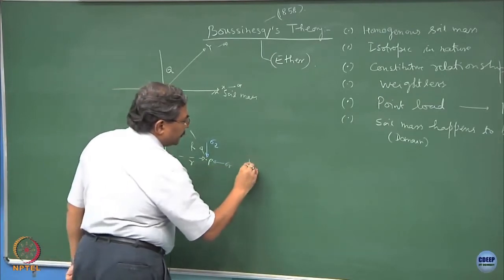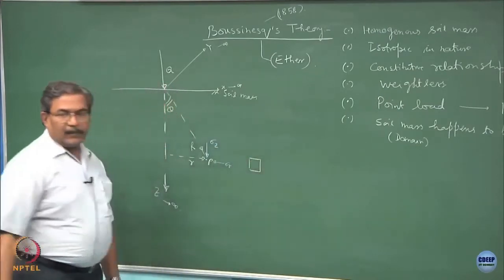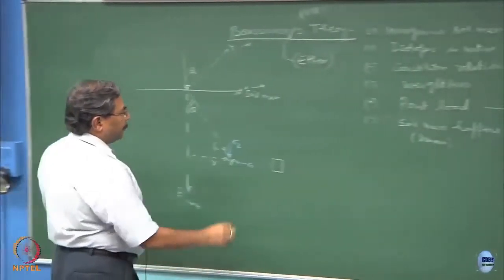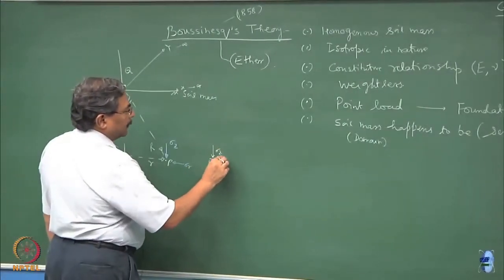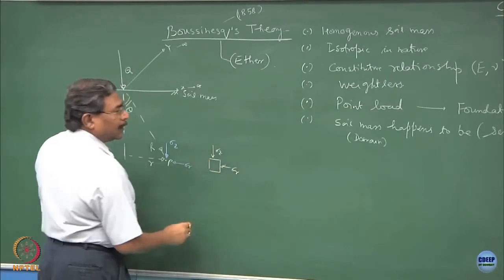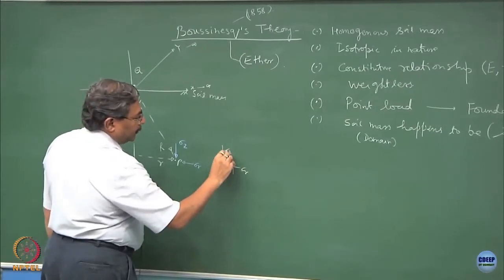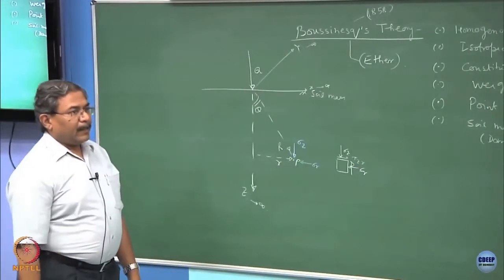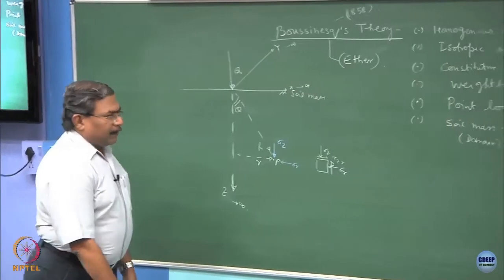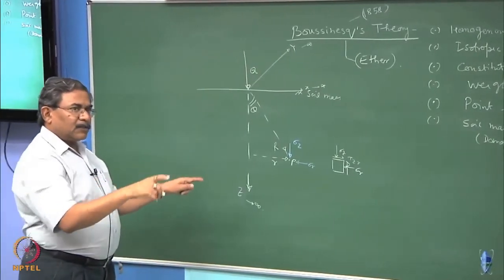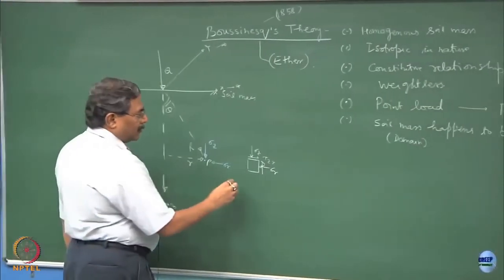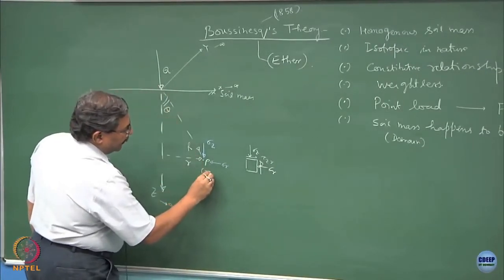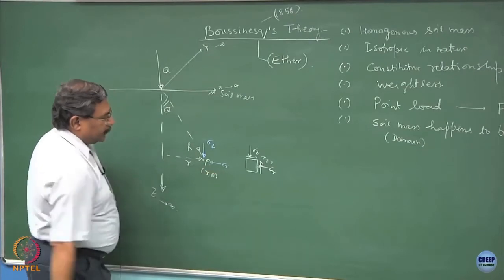If you draw the state of stress at this point, you have done engineering mechanics and mechanics of solids. This is sigma z, sigma r, we will be having the shear stress tau z r, okay. And if I want to come out of this coordinate system, I can always use the Cartesian coordinate system. If I define this theta and say that this is r and theta, is this okay?